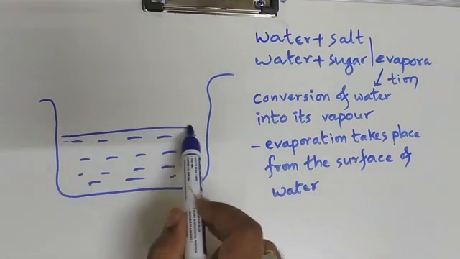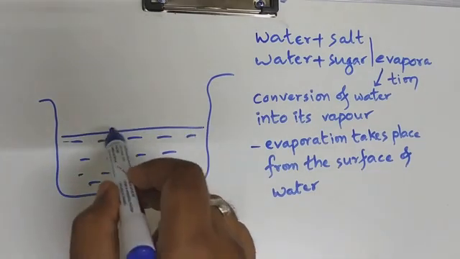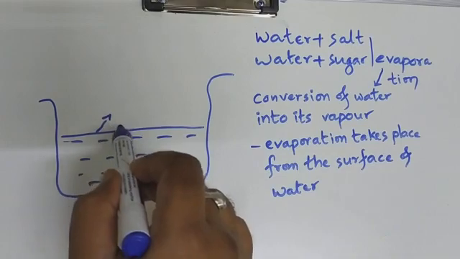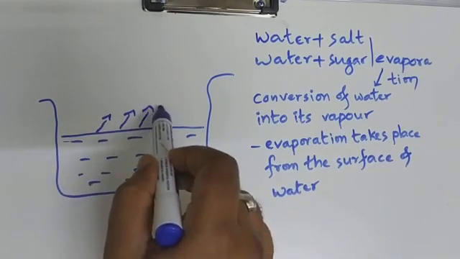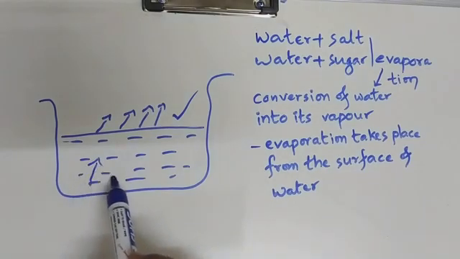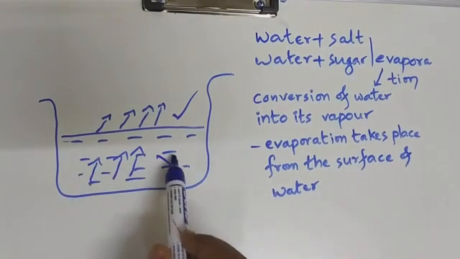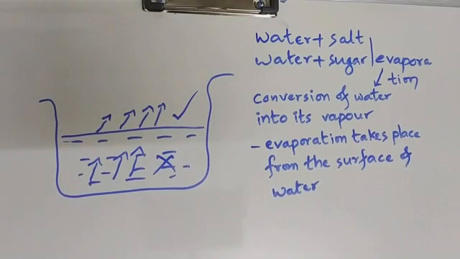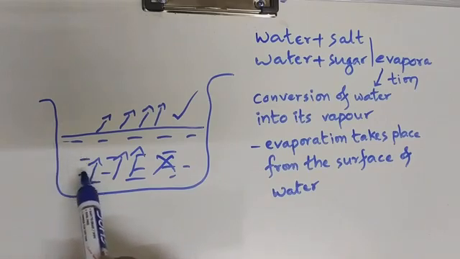From where does the evaporation take place? From this point, evaporation takes place. This is correct. From this point, evaporation does not take place. If from this point evaporation is taking place, then like bubbles, if water is coming up, that is not called evaporation, but it is called boiling.